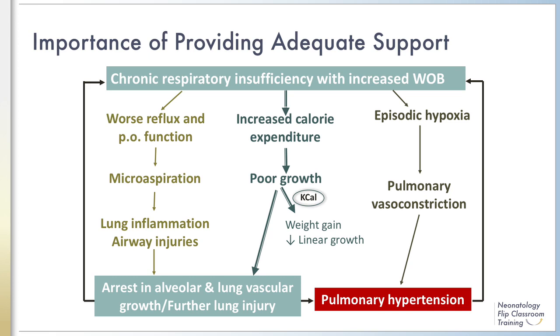And third, episodic hypoxia events can be detrimental to BPD patients. These events can lead to pulmonary vasoconstriction and contribute to the progression of pulmonary hypertension. Providing adequate respiratory support is essential in breaking this vicious cycle of chronic respiratory insufficiency and BPD.